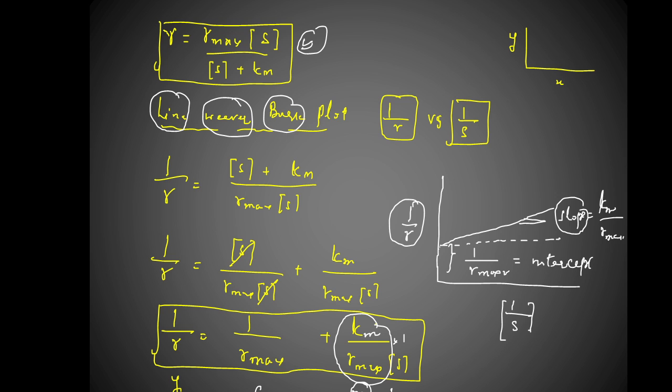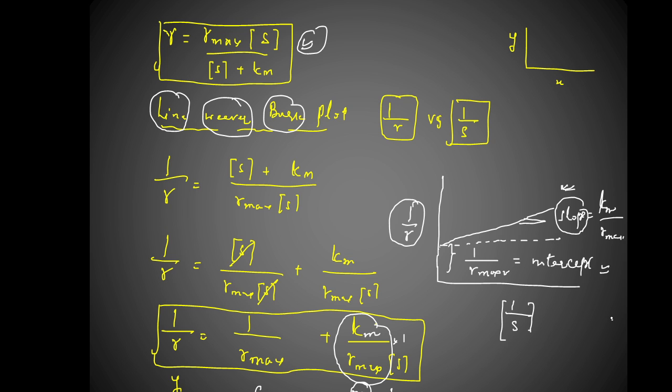From the slope we can determine Km, and from the intercept we can determine R max. So when we have to determine R max, we use the concept of intercept, and when we have to determine Km, we use the concept of slope. In the next step, I will write it again so that it becomes easy to remember.